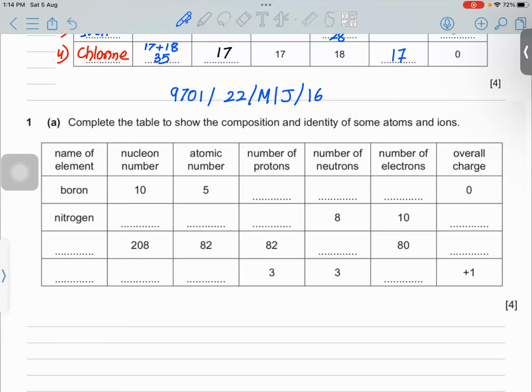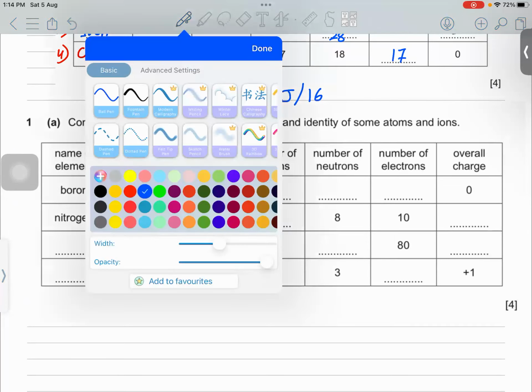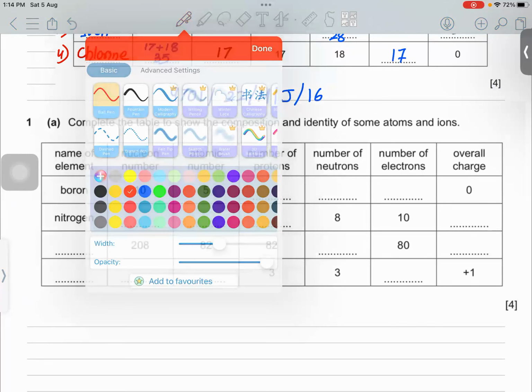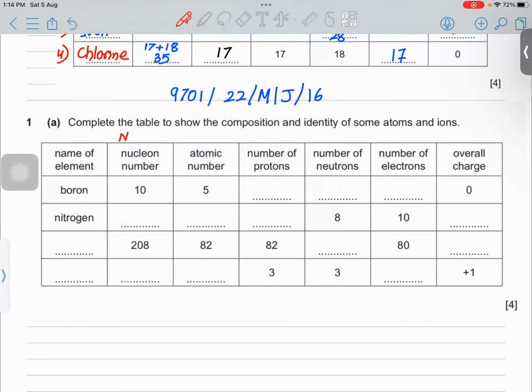Now let us solve. When you solve, tell me. So you want me to do the whole thing? Yes, the whole thing in your notebook. All right. Okay.